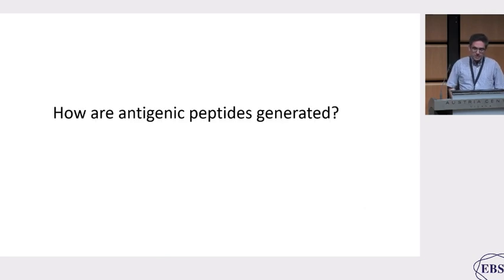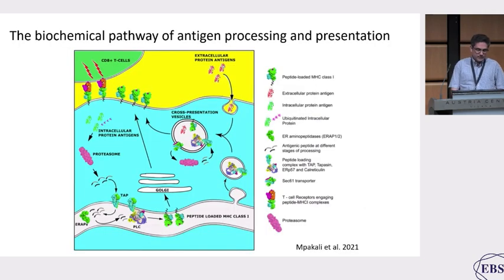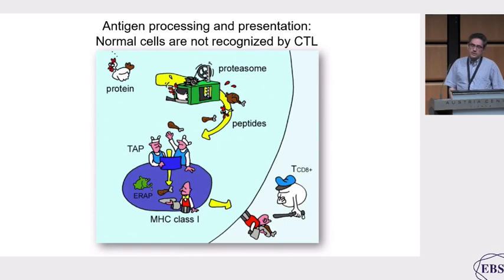So how are these antigenic peptides generated? This is sort of an overview of the pathway. It's a complicated pathway with many nodes. I will try to simplify it for today, which is my favorite way of viewing these pathways, with a cartoon. Here you have a cell. The cells have a lot of proteins, and these proteins are sampled and degraded by the proteasome to small peptides, and a few of them are transported inside the ER by a specialized transporter called TAP.